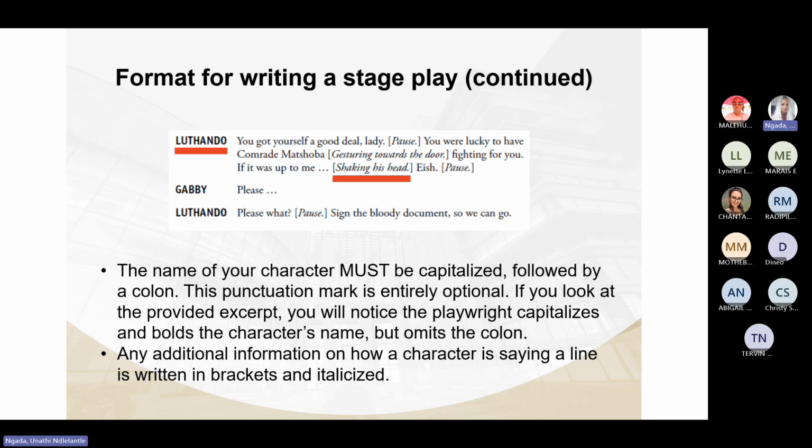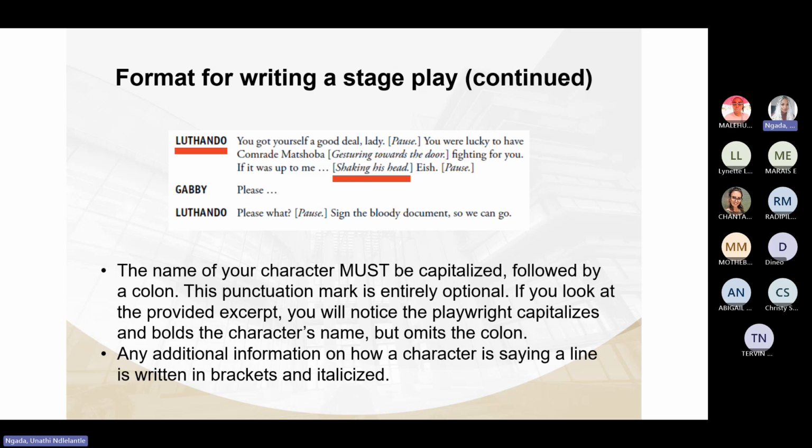The second piece of vital information that I underlined is what action the character is doing when dialogue commences, right? So here, this piece of information must be italicized and also written in brackets. Here you will see that Lutando says, you got yourself a good deal, lady. Then she pauses. And then she proceeds to say, you were lucky to have Comrade Machova.